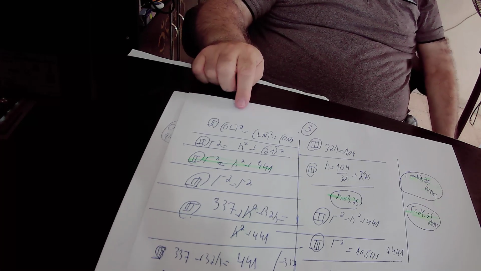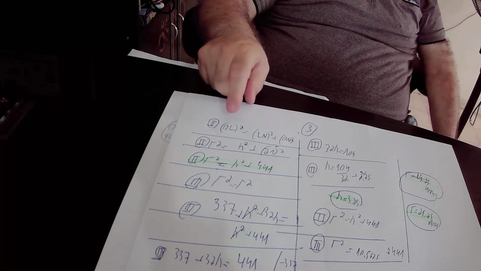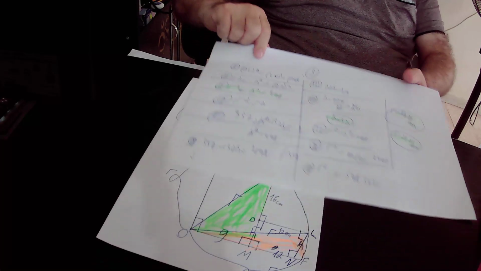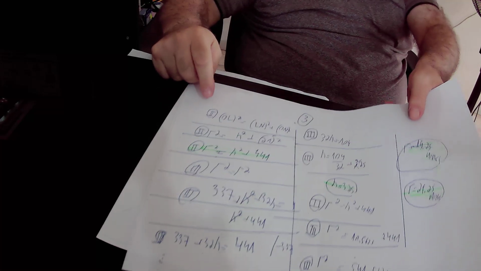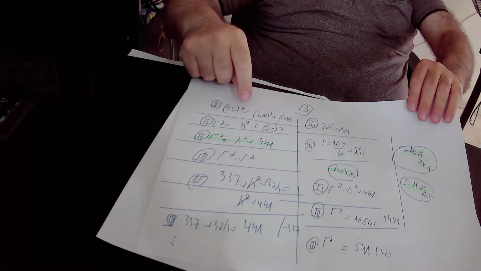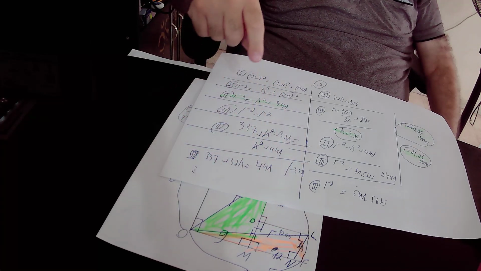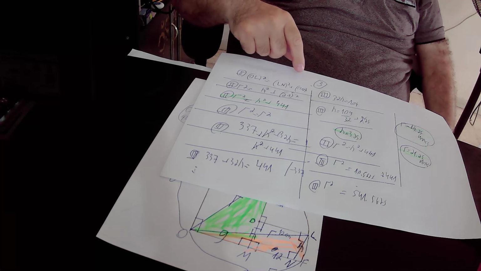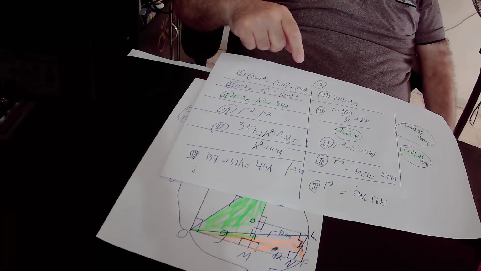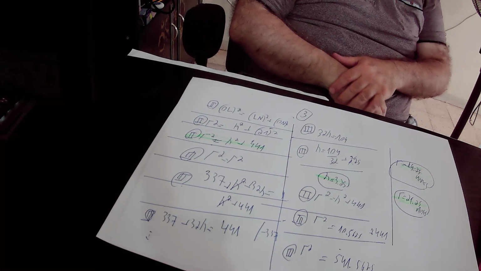OL equals R, therefore OL squared is R squared. LN equals h, therefore LN squared is h squared. NO equals 9 plus 12, that is 21, and ON squared will be 21 squared. So in conclusion, R squared equals h squared plus 21 squared.